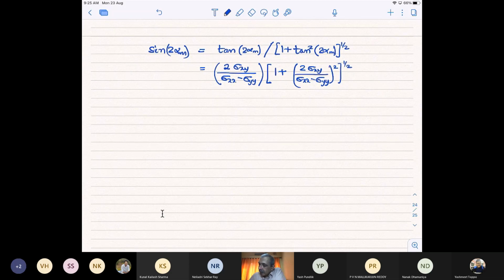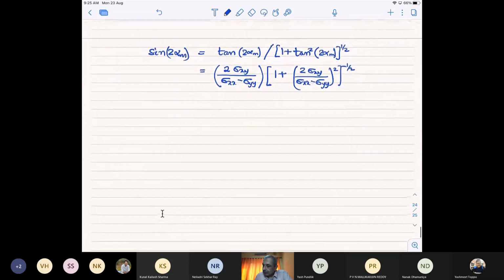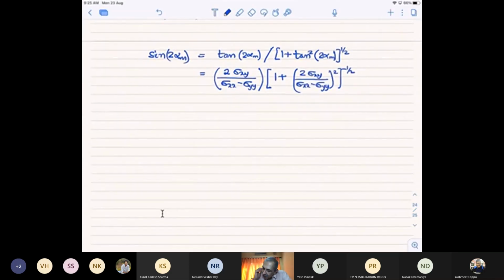I'm sorry, raised to the power of minus half. So in some sense this cancels out, since it's raised to the power of minus half, and this remains the same.